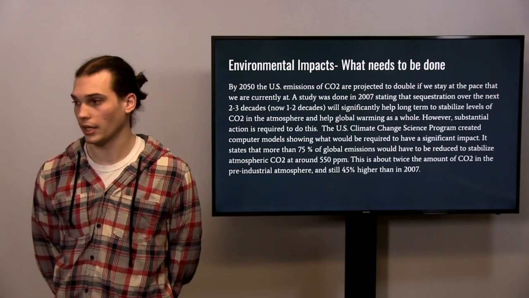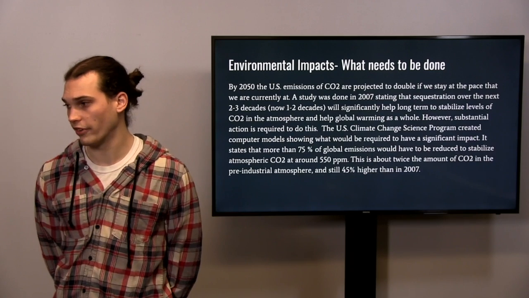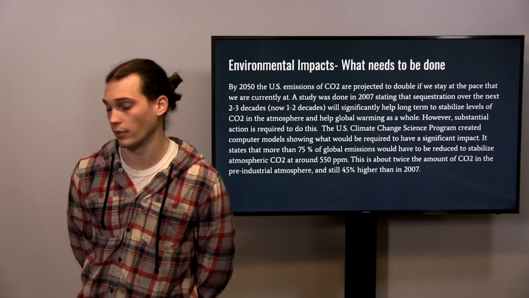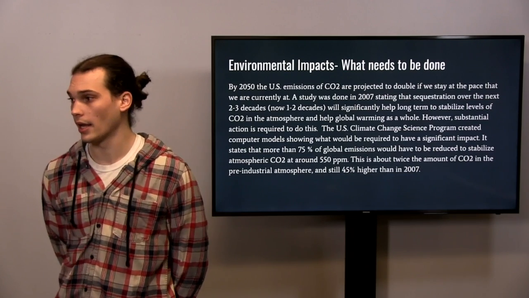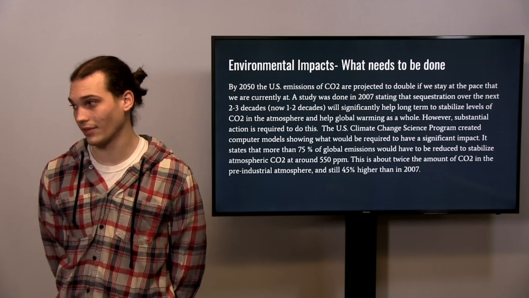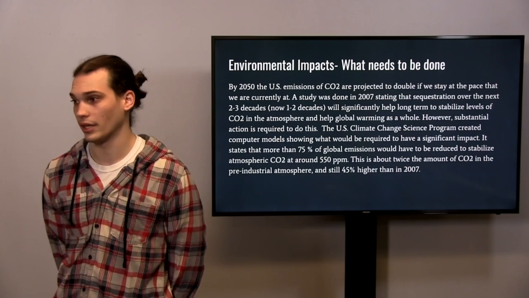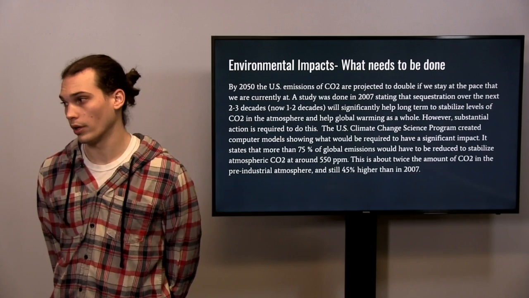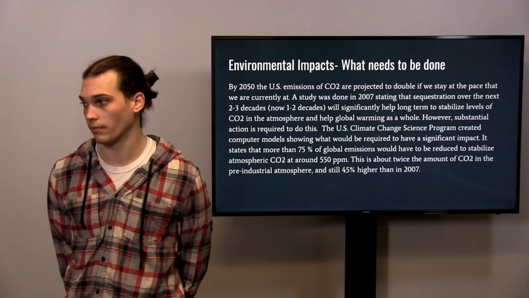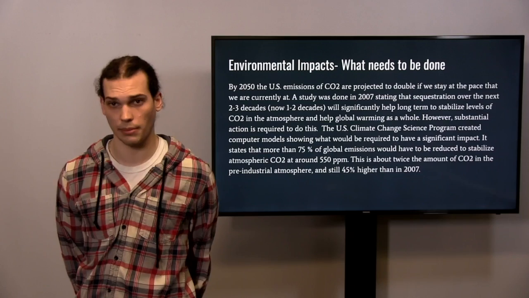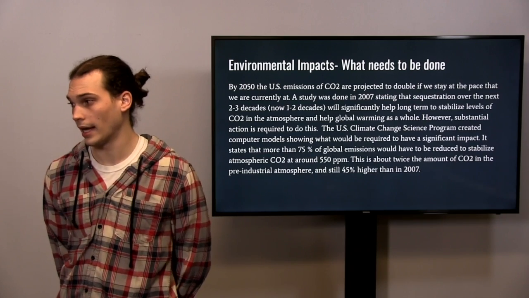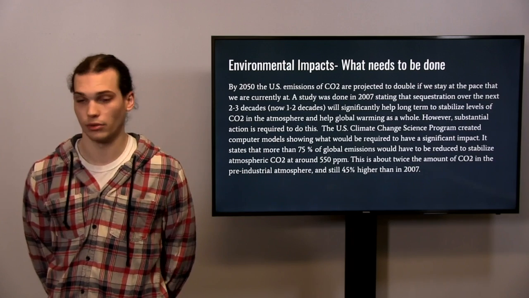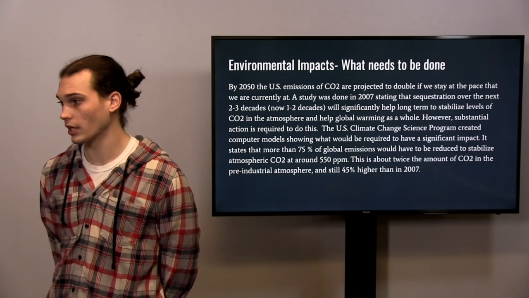What needs to be done is this: by 2050, U.S. emissions of CO2 are projected to double if we stay at the pace that we are currently at. And a study in 2007 stated that sequestering over the next 2 to 3 decades, which would now be 1 to 2 decades, will significantly help long-term to stabilize levels of CO2 in the atmosphere and help global warming as a whole. However, substantial action is and was required to do this.